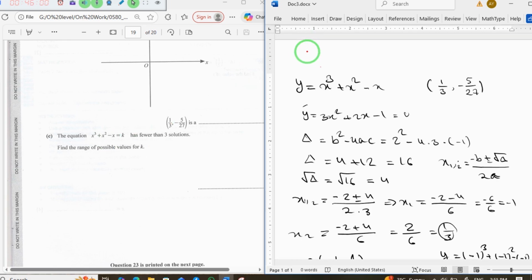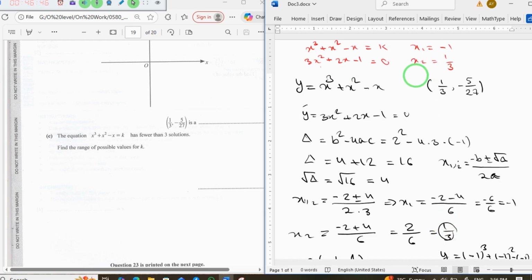First, you put x cubed plus x squared minus x equal to k. We take the derivative from both sides. It becomes 3x squared plus 2x minus 1 equal to 0. Then we find the roots of this equation. x1 is minus 1, and x2 is 1 over 3.